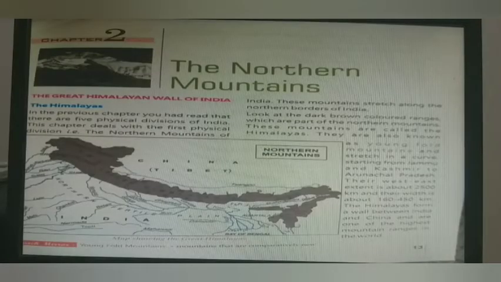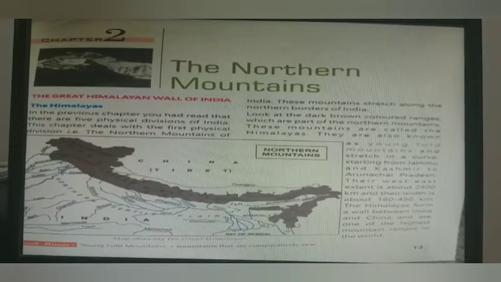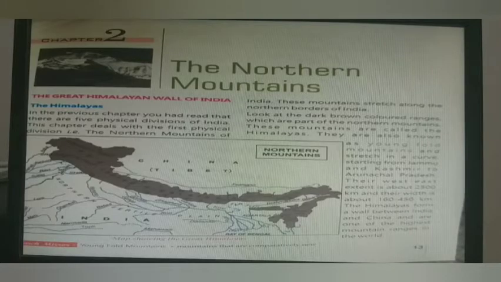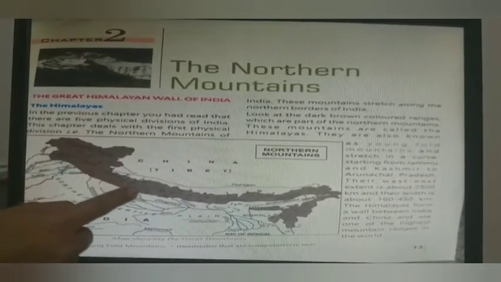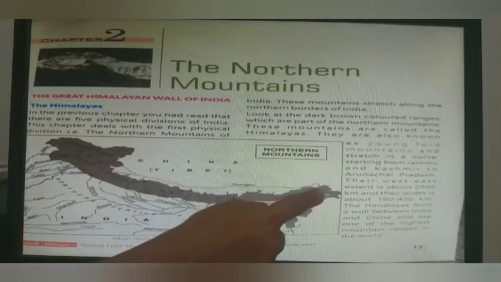The Northern Mountains. Earlier in this chapter, we have learned about the Great Himalayan Wall of India. These mountains are located in the north part of India. They are also known as Young Fold Mountains and stretch in a curve from Jammu Kashmir to Arunachal Pradesh.